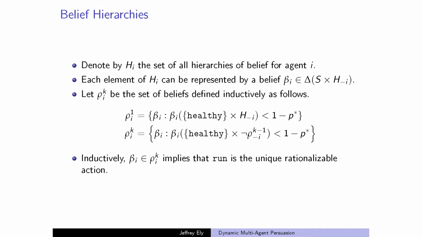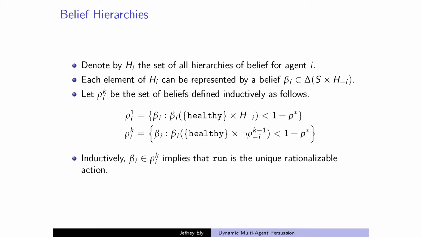All right, so rho I2 is the set of hierarchies in which the probability that either the bank is healthy or the other guy is not in the first set is small. So this is the desirable event: either the bank is healthy or we haven't already concluded that the other guy is withdrawing. It's possible he might be waiting.